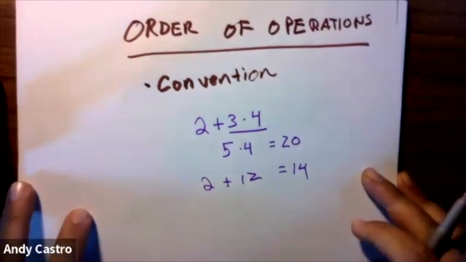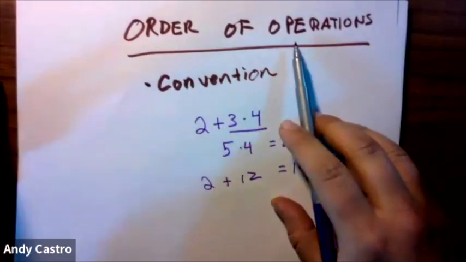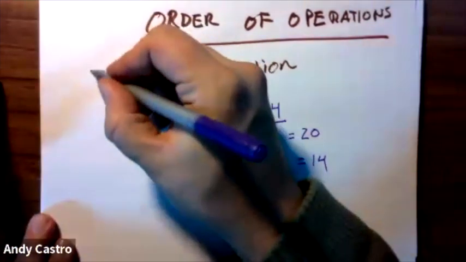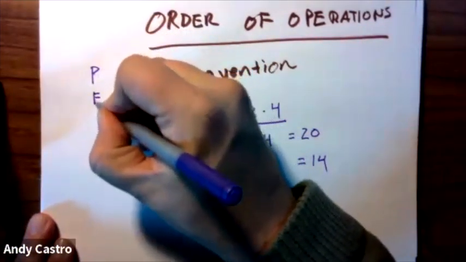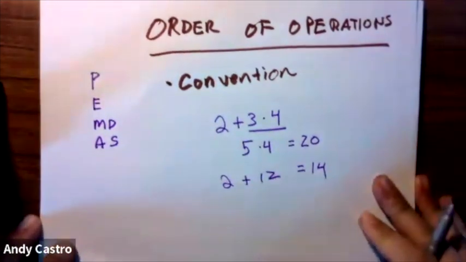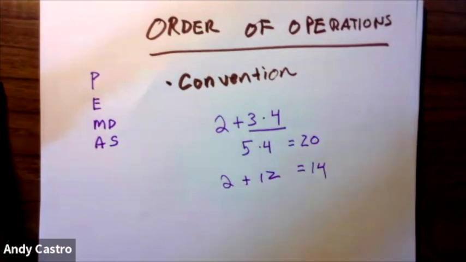So what they came up with was known as the order of operations. And the order of operations has an acronym, and I'll explain this acronym. In your notes, just write this: PEMDAS.